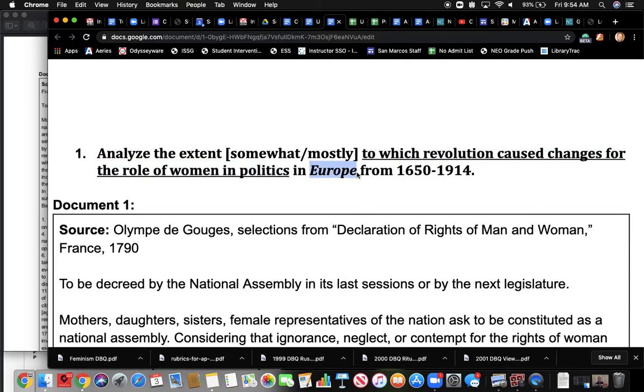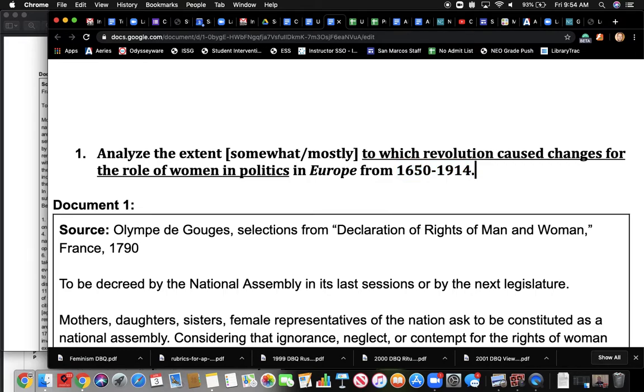I'll italicize that. In Europe. And then our time period here is 1650 to 1914. So we're going to be looking at before the Enlightenment, and then after the Enlightenment, and essentially up until World War I in 1914. So again, we've broken down the prompt.